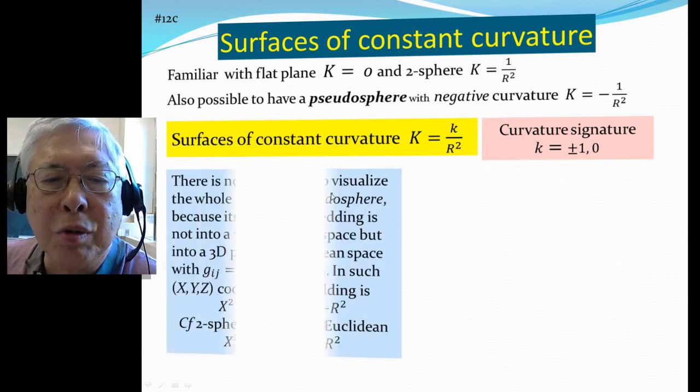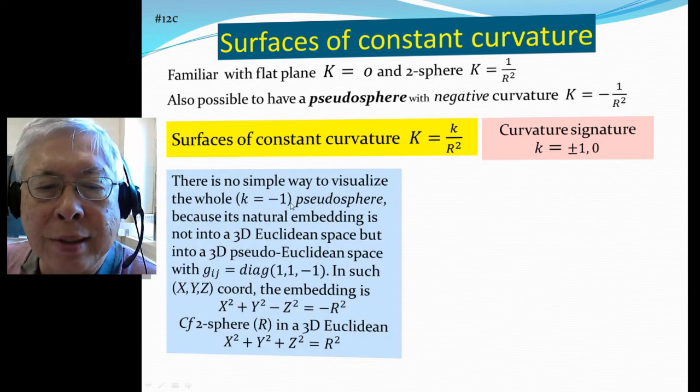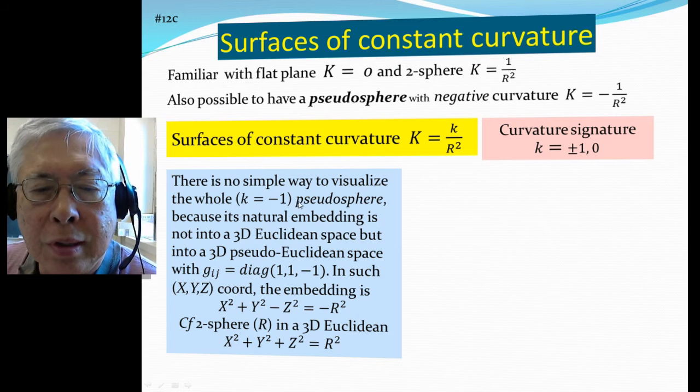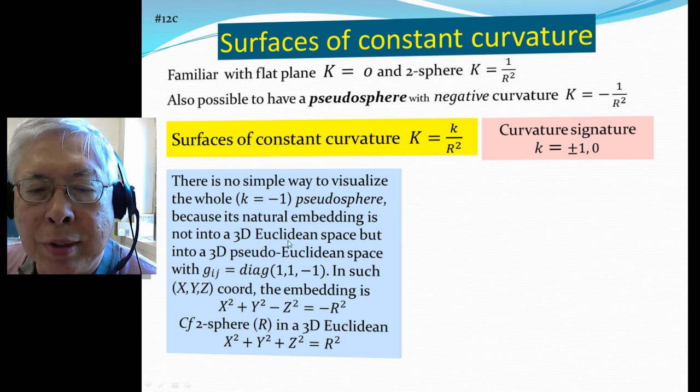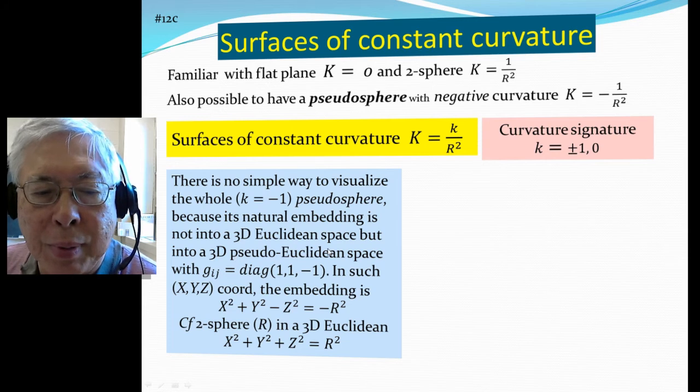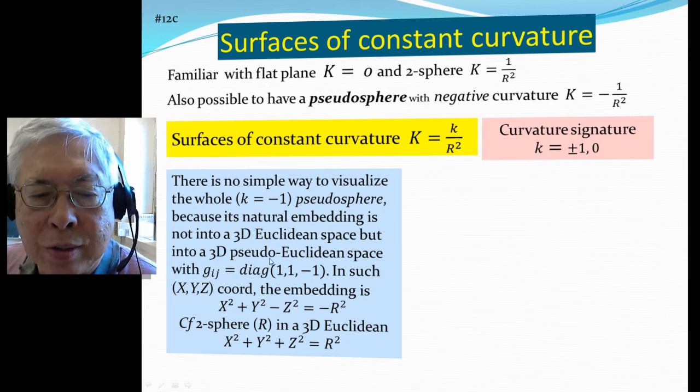Now, there's no simple way to visualize the negatively curved pseudosphere, because its natural embedding is not in a three-dimensional Euclidean space, but in a three-dimensional pseudo-Euclidean space with signature 1, 1, minus 1 for that 3D space.